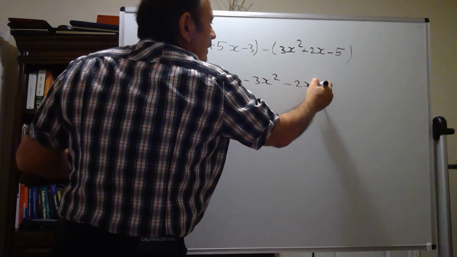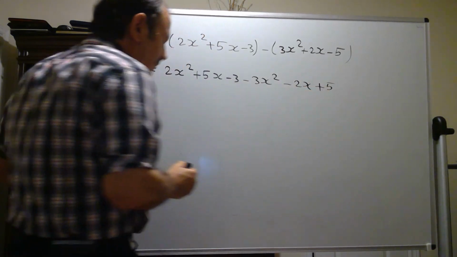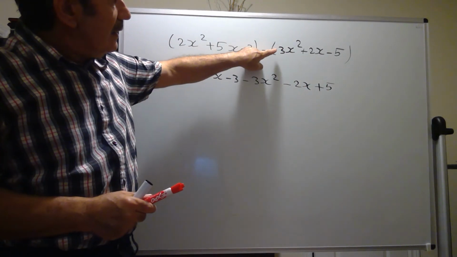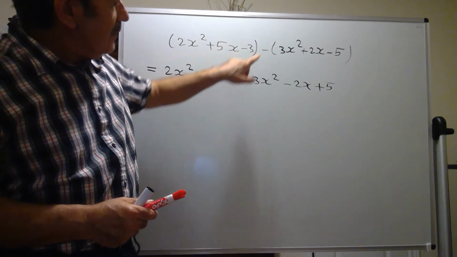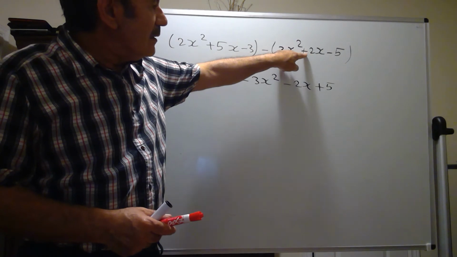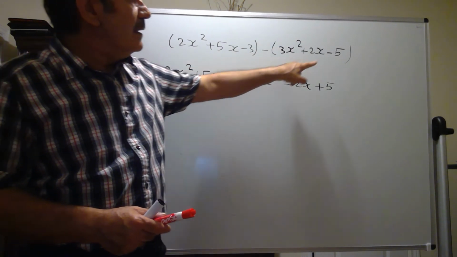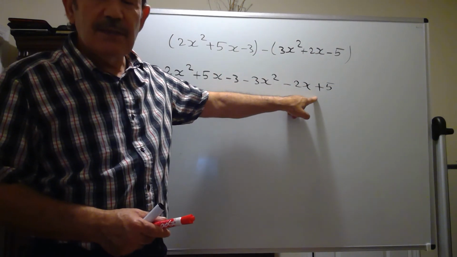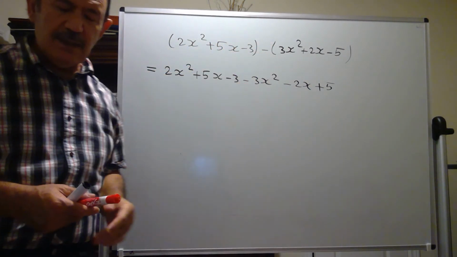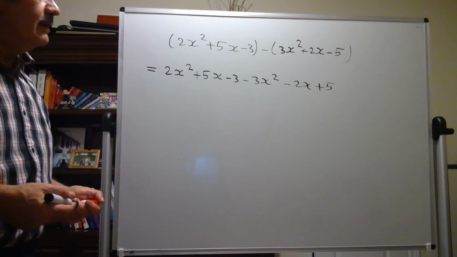Negative times negative is positive 5. As you see, I removed the bracket, but 3x squared is positive inside the bracket, so I made it negative. This one is plus 2x, I made it negative 2x. Minus 5, I changed it to plus 5. Or multiply the negative sign by all the terms inside the bracket.